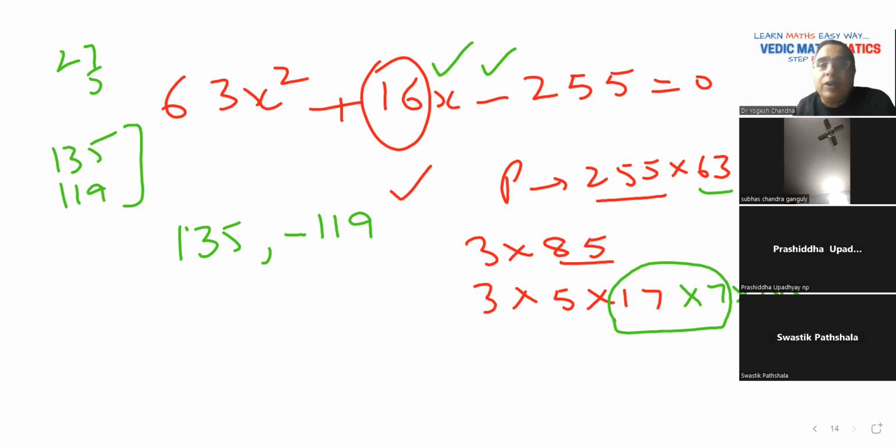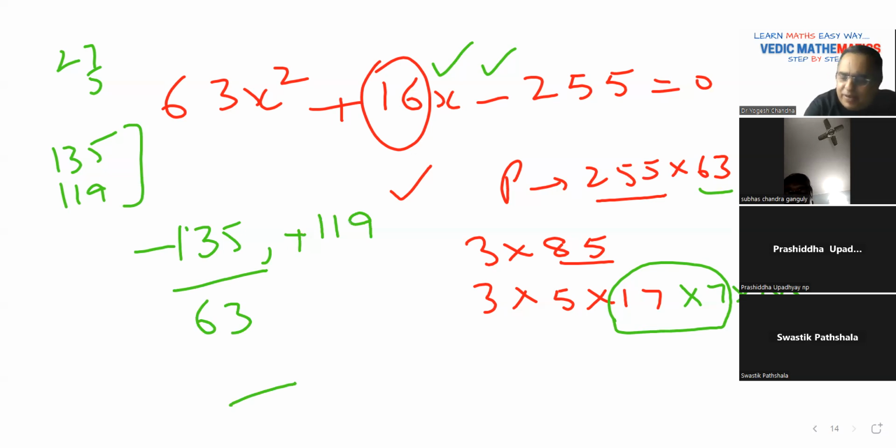See, the only thing you have to find out is the roots. Once roots are clear, you get the answer. You know the sign. Divide with 63. Finish. So dividing, 9 ones are 9 and 45 means 135.